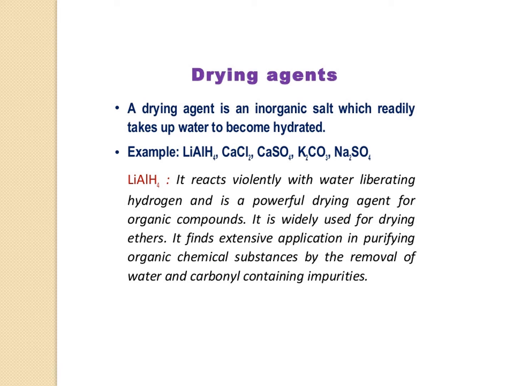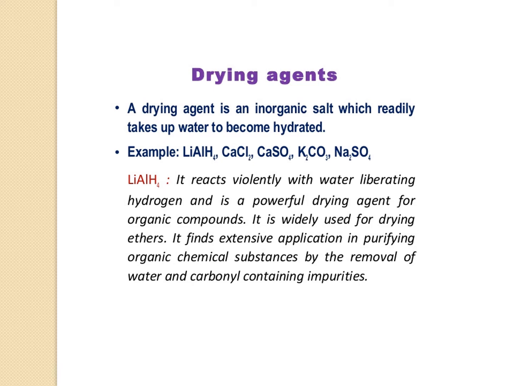For example, lithium aluminum hydride, calcium chloride, calcium sulfate, potassium carbonate, sodium sulfate. Lithium aluminum hydride reacts violently with water, liberating hydrogen, and is a powerful drying agent for organic compounds. It is widely used for drying ethers.